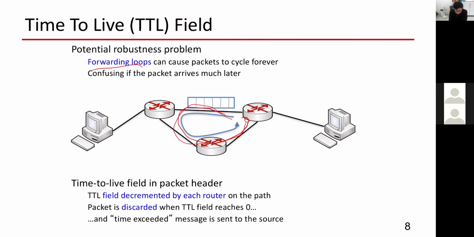TTL, time to live, is decremented by each router. Every router it goes to, it decrements by 1. Once it reaches 0, it discards itself. So if the time is exceeded, I have to discard it. In the network, it is usually set to something like 7 to 20. If it goes beyond that threshold, then it kills itself. Meaning I can eliminate the ghost packet.